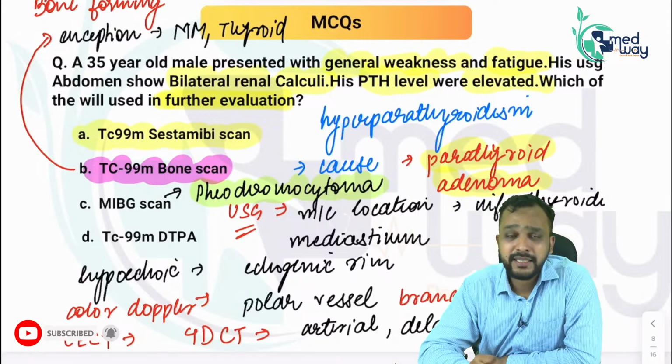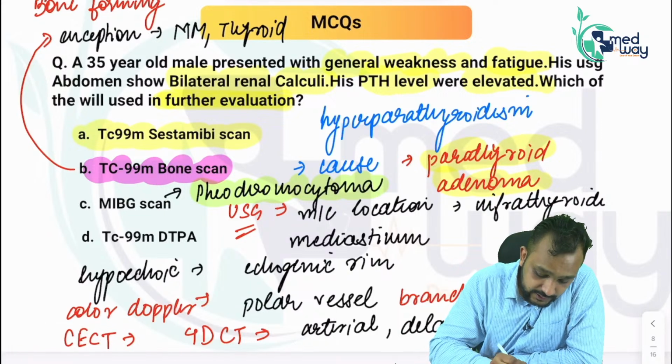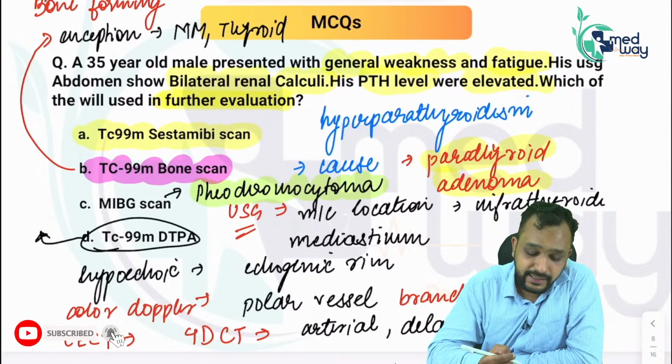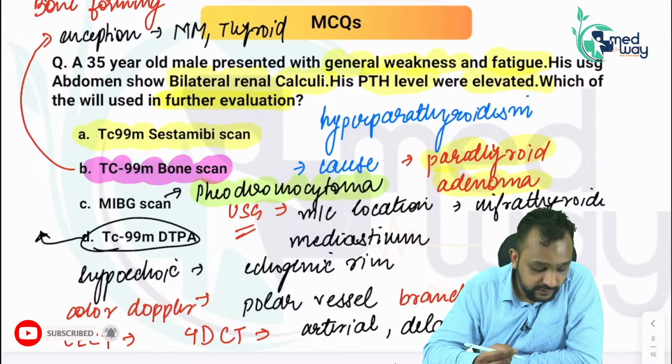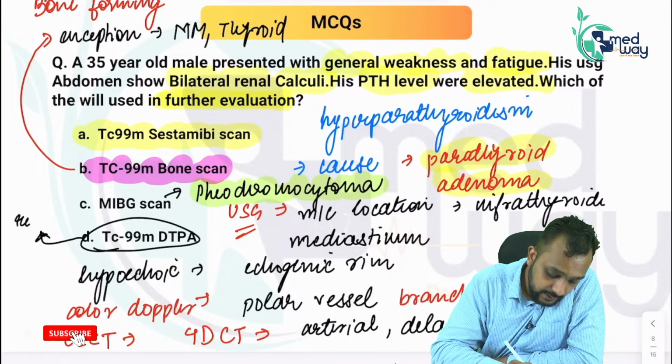And technetium DTPA scan, it is used to check the renal function. So basically it is being excreted in the kidneys, so you have to see whether it is being normally excreted or not, right? Technetium DTPA scan, renal function.